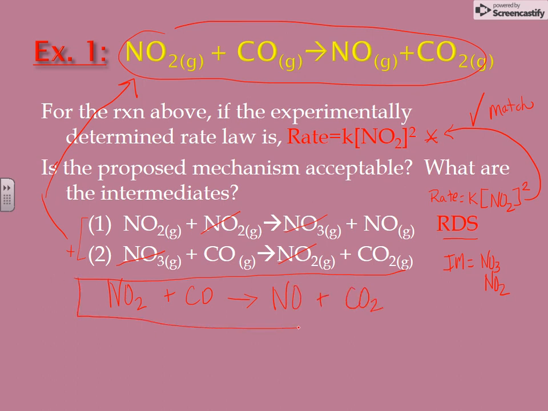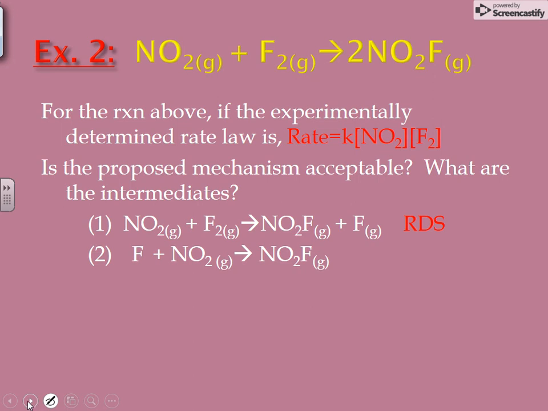So what you want to do is check and see if this agrees with the given reaction. So NO2, carbon monoxide checks, nitrogen monoxide checks, and the carbon dioxide checks. So the second criteria matches. So you would say that yes, this is a probable mechanism.